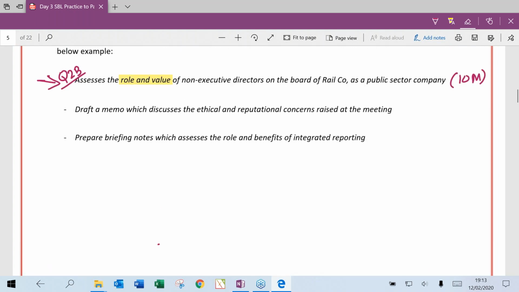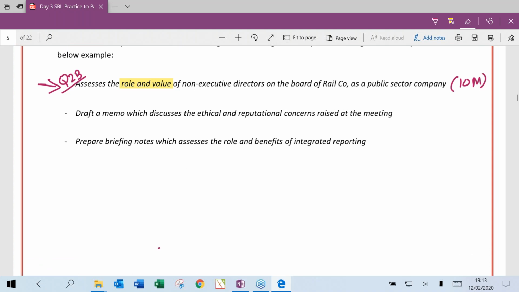Now look at another example. This one. Draft a memo which discusses the ethical and reputational concerns raised at the meeting. Now, do you see one requirement or two requirements hidden in this one sentence? Yes, very good. Again, draft a memo which discusses the ethical and reputational concerns.